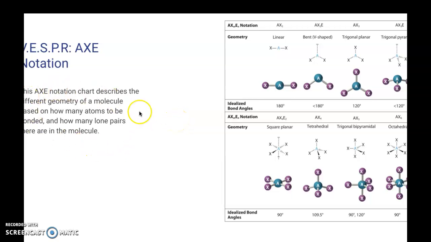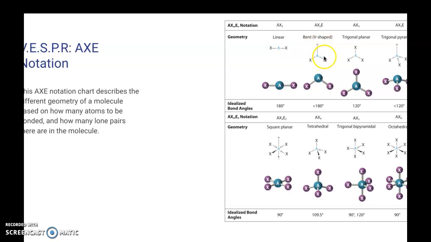This here, which we've basically gone over in the last slide, is just a chart for our AXE notation. These are the different charts we'll have. So let's say in this case right here, this is our central atom. These are 2 terminal atoms. The 2 terminal atoms are bonding to our central atom, and this right here is a lone pair of electrons.